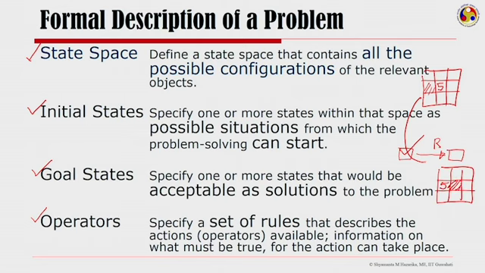Whereas if I take another operator from this group which said move the empty to the left, this is not applicable in this state because here I cannot move to the left.